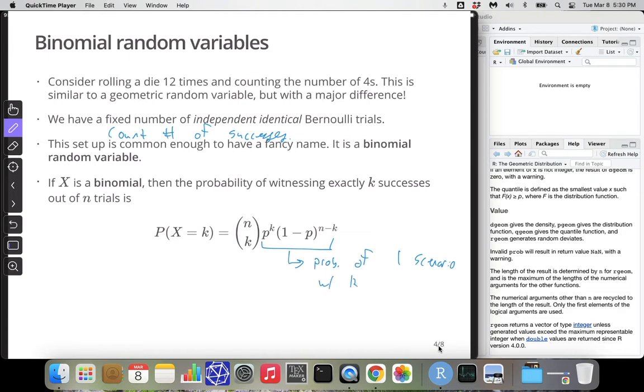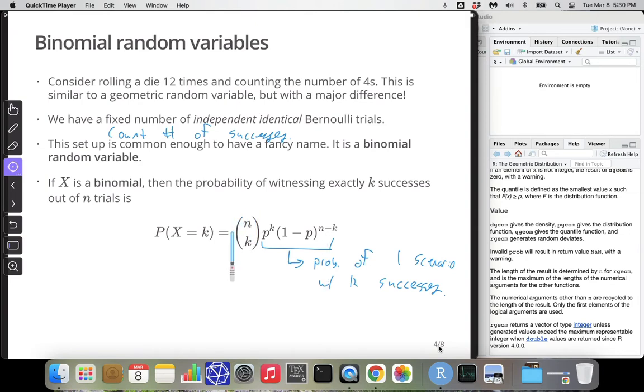You could think of all k successes occurring first, and then the remaining trials being failures. That's the probability of this particular event. But if you shuffle up your successes and failures, the probability of each particular scenario stays the same.